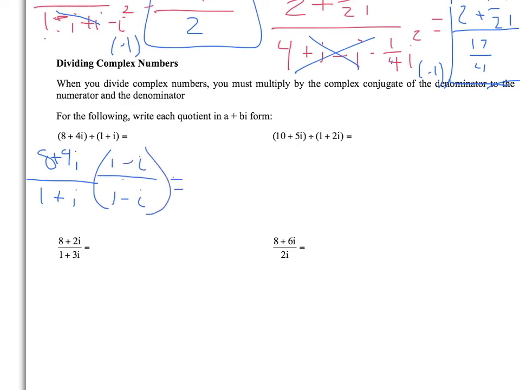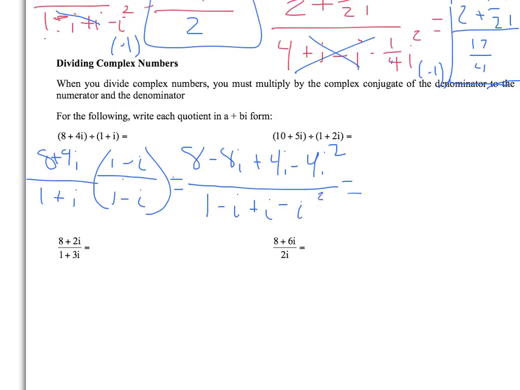8 plus 4i times 1 minus i is a FOIL problem. 8 times 1 is 8, minus 8i, plus 4i, minus 4i squared, all over 1 minus i plus i minus i squared.